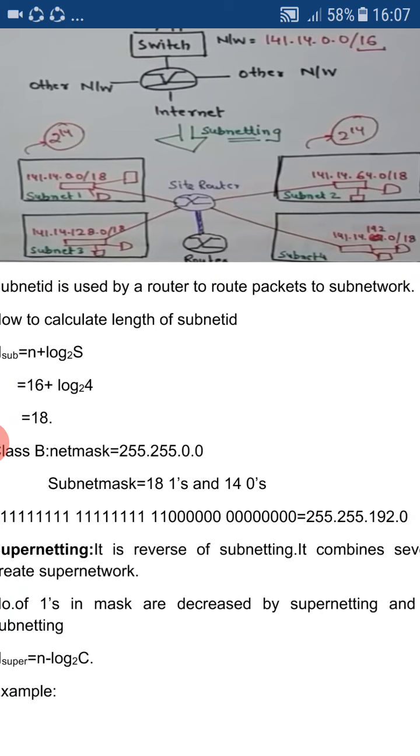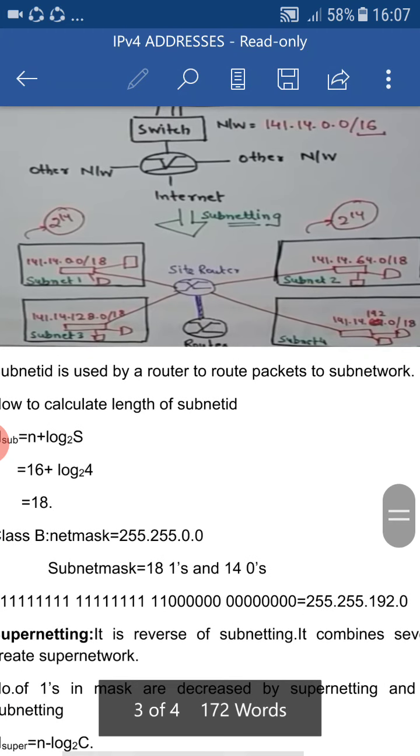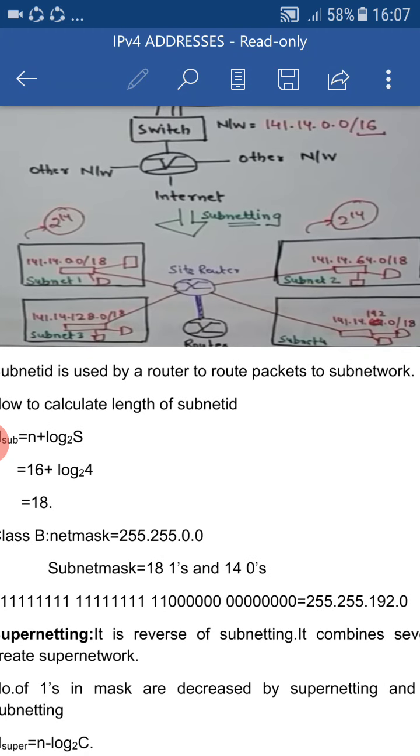How does it change? Since in this diagram we got the subnet ID as 18, the subnetwork is again made up of subnet ID and host ID. Subnet ID means continuous 1s, host ID is continuous 0s. Since we got the value as 18, there are 18 continuous 1s, then the remaining 14 are continuous 0s.